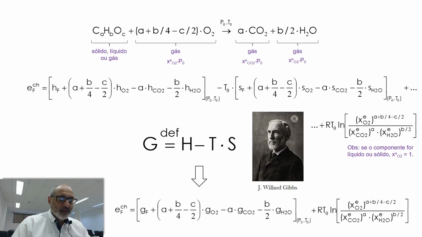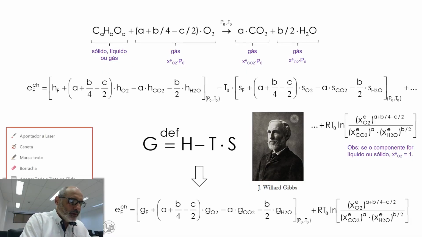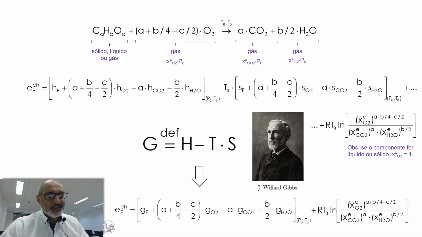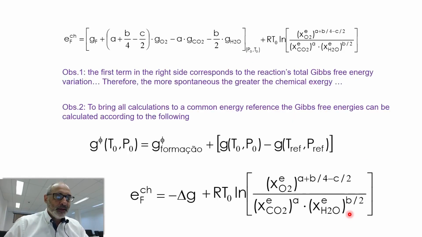When we do this, we get this less complicated formula, in terms of Gibbs free energy of the fuel, of oxygen, of CO2 and H2O, plus the interesting term that I'm going to explain in a moment.